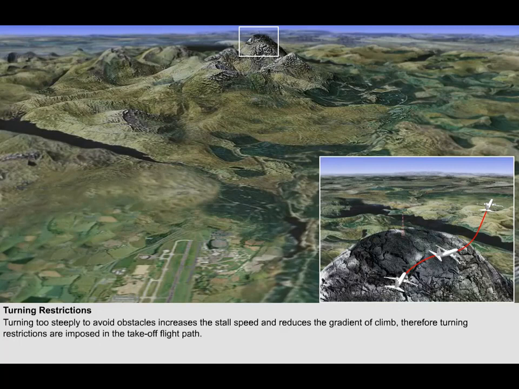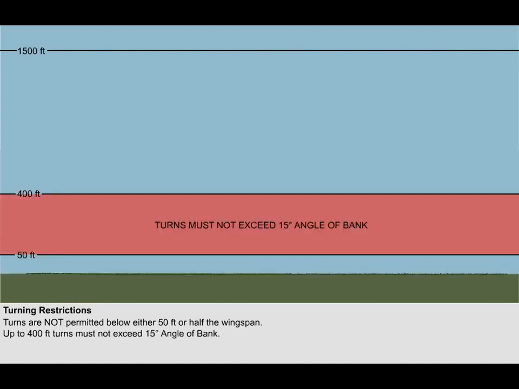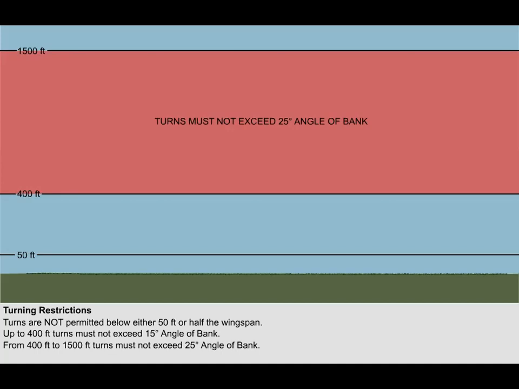Turning can increase the effective weight by imposing extra G-loads, and therefore the climb gradient is reduced and stall speeds are increased. Firstly, the aeroplane is not allowed to turn below a height of 50 feet or a height equivalent to half the wingspan. Thereafter, and up to a height of 400 feet, the aeroplane is not banked by more than 15 degrees, and from 400 feet, not banked by more than 25 degrees.